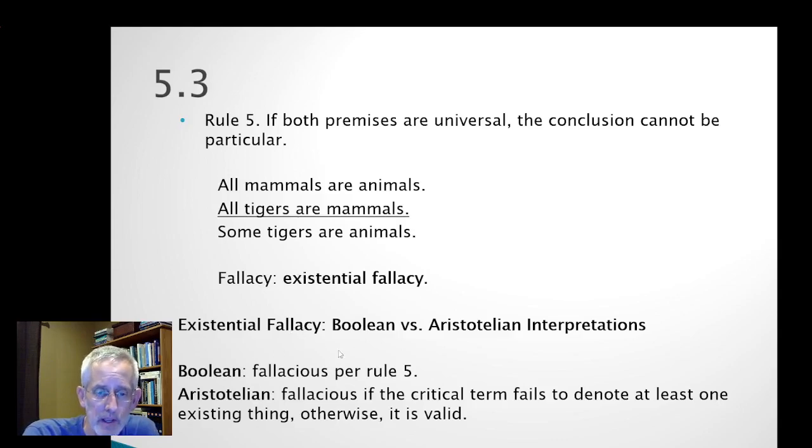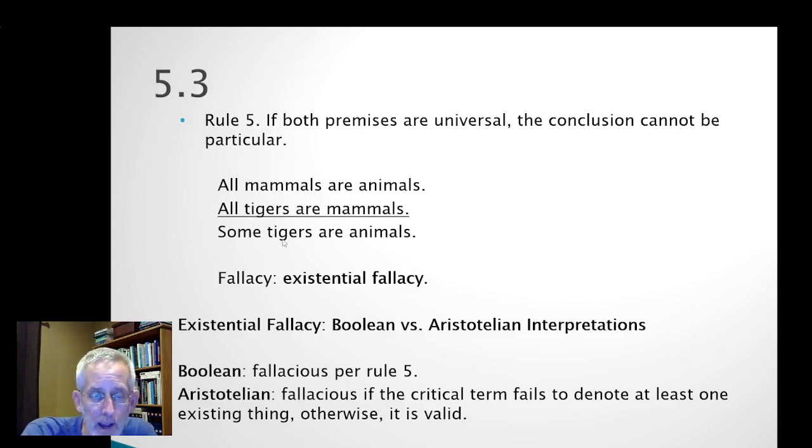What Aristotle said is that the argument is fallacious if the critical term fails to denote at least one existing thing, otherwise it's valid. So what does that mean, critical term fails to denote? It means that the term that is important in the premise, the one that you're trying to prove something about, that's the critical term. You would ask yourself, does it refer or not to an actual thing in the world?